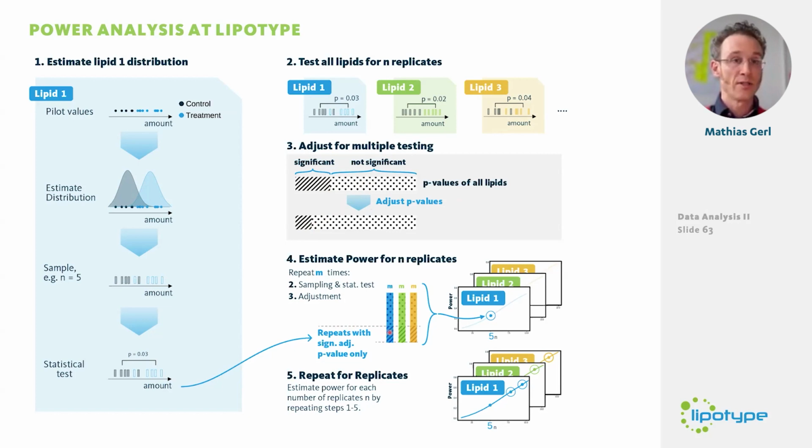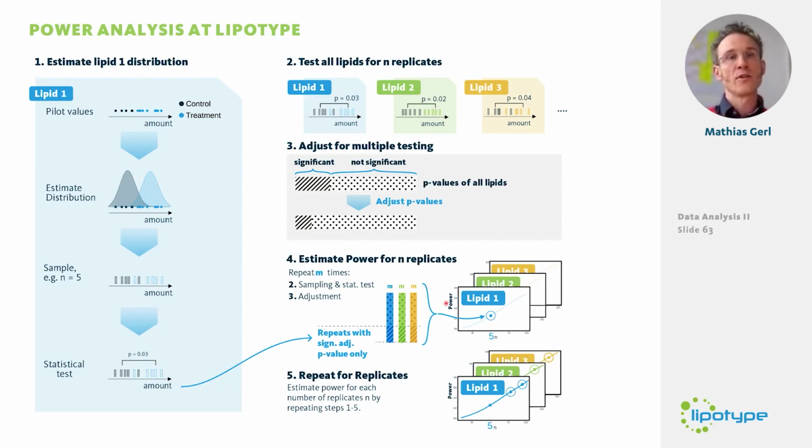ratio of powers. So what you need to do is repeat this a lot of times, 100 or 500 times, and thereby get a ratio of how many times you have found a non-significant or a significant test outcome.